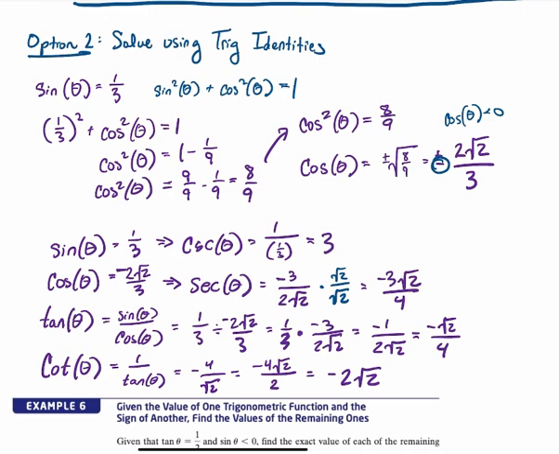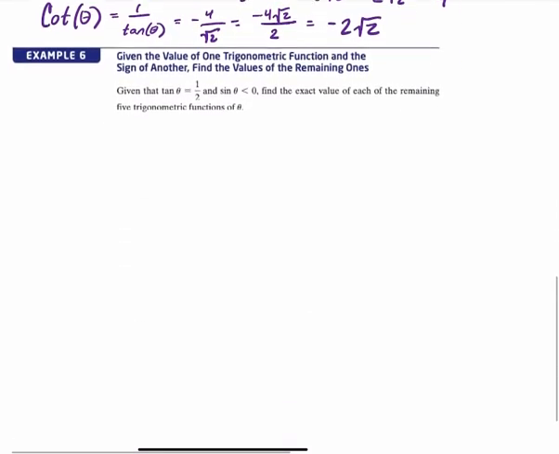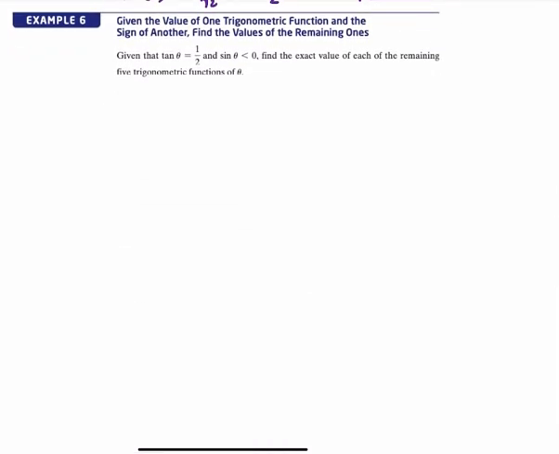All right, let's look at one more. So example 6. It says, given that tangent of theta is 1/2, and the sine is negative, less than 0.